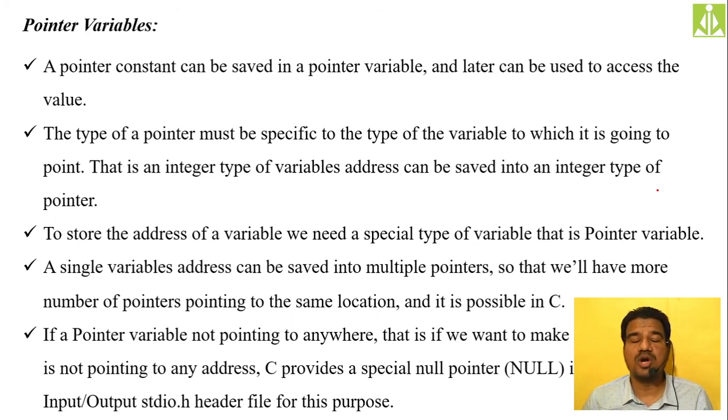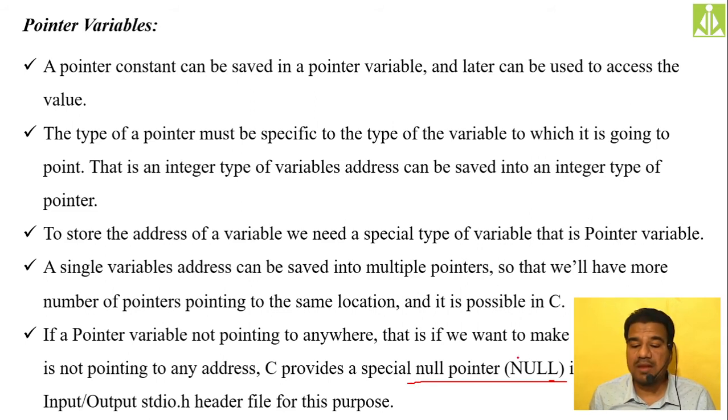If you don't want your pointer to point to some unknown address, you have to initialize your pointer to a special type of address, that is the null address, the null pointer address, NULL. When you do this, your pointer will not point anywhere.